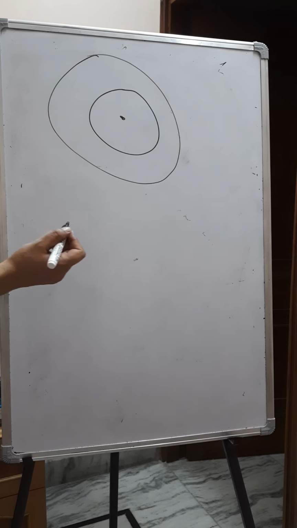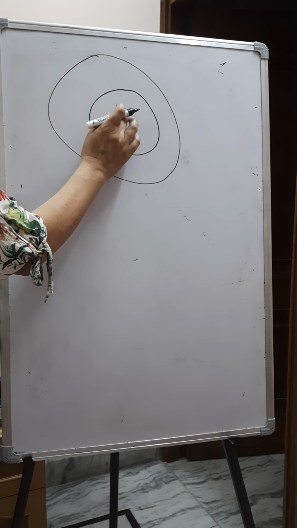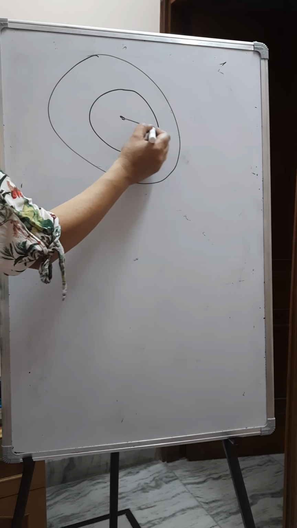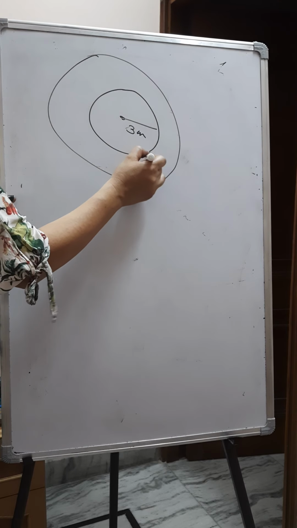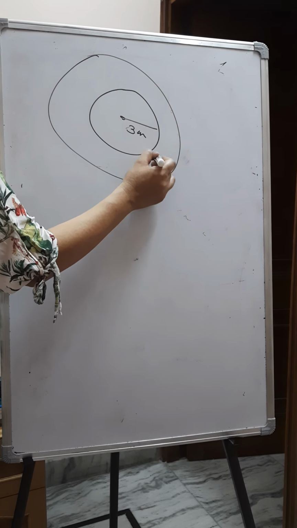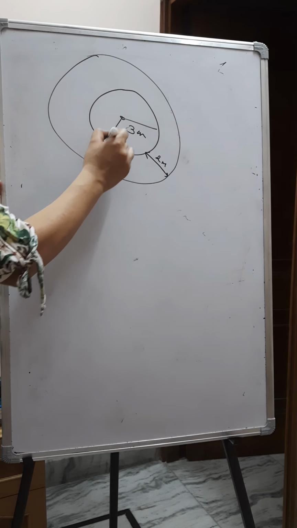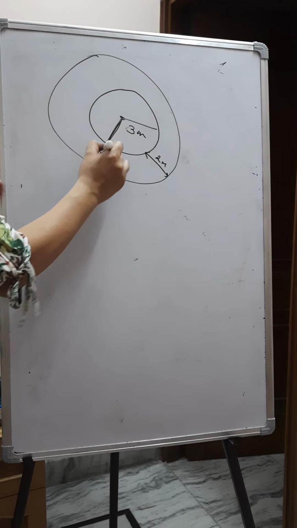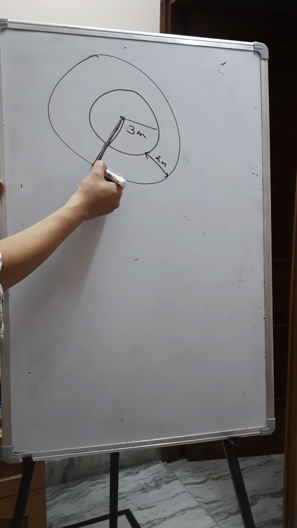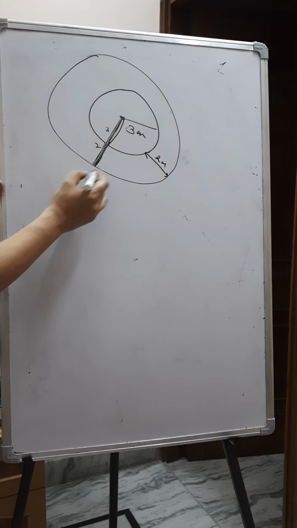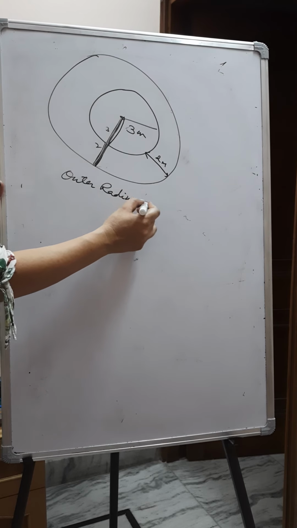If you are given the inner radius, let us suppose 3 centimeter, and the width of this ring is 2 centimeter, how will you calculate the outer radius? It is 3 plus 2, that is outer radius 5 centimeter.